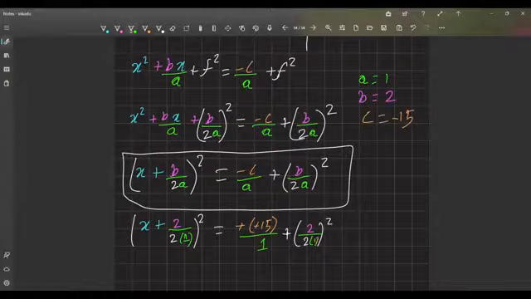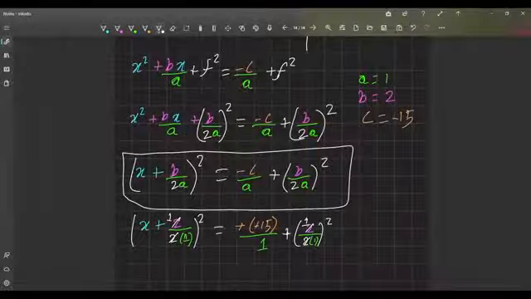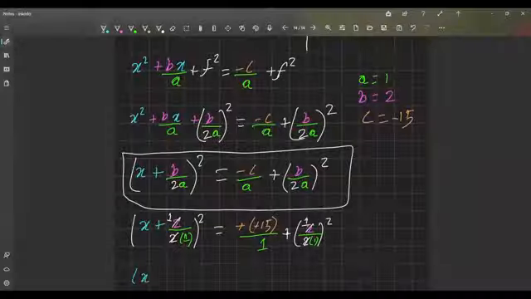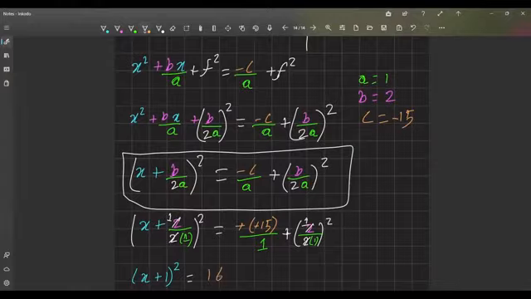Now we can clearly see 2 would cancel out with 2 to give us 1, and here 2 would cancel out with 2 to give us 1, and 1 squared is equal to 1. So what we get at the end is x plus 1 whole square is equal to 16, since 15 plus 1 would be equal to 16.